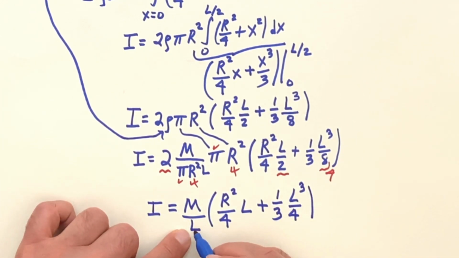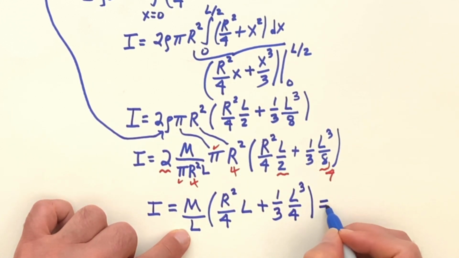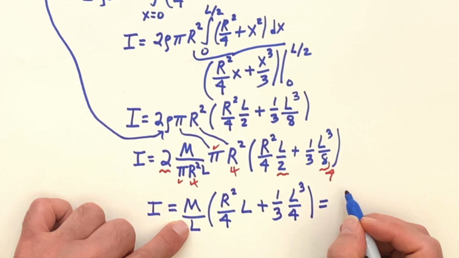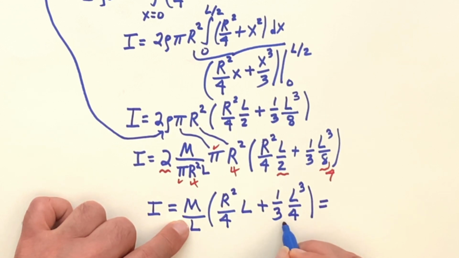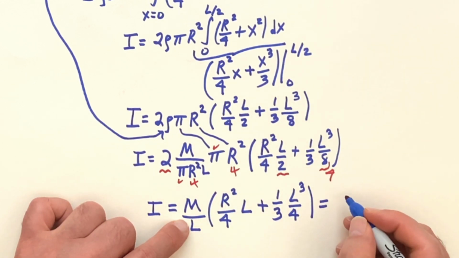Now I'll bring in the L. I think I don't want to bring out the 4. I like this 1 over 12 because that's like the pencil, the rod going around the center of its mass.